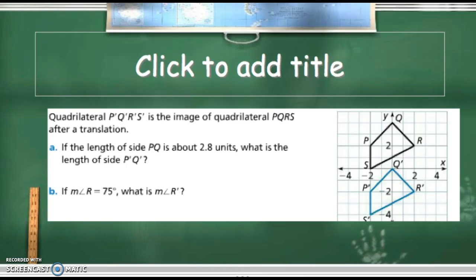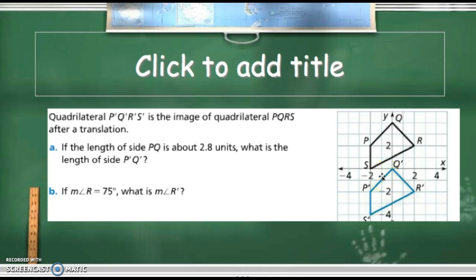That we're going to just move the quadrilateral. So if the length of the side PQ, which is right here, is 2.8 units, what is the length of the side P prime Q prime?